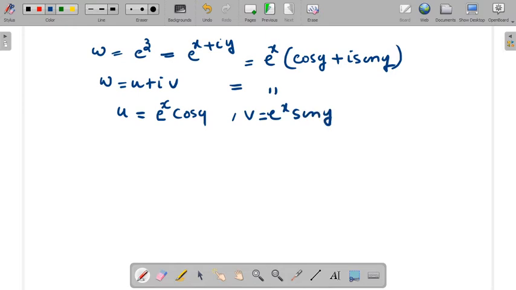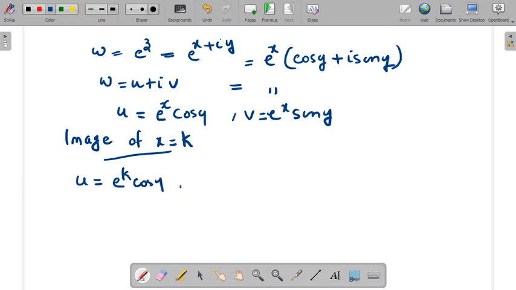After separating the real and imaginary parts, let us proceed to find the image of lines parallel to the axis. I am going to find the image of x equal to k first. When x is equal to k, we get u equal to e raised to k cos y and v equal to e raised to k sin y.